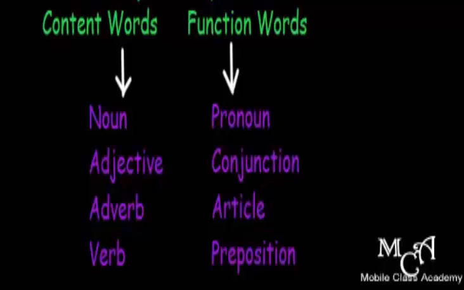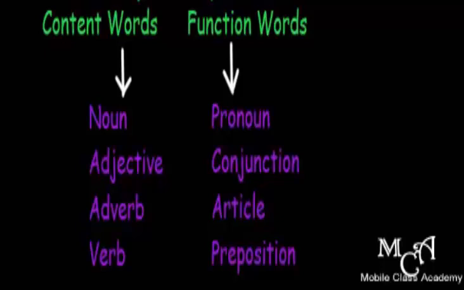And of course, I explained to you that they are called content words, or lexical morphemes, because they have meaning. While grammatical morphemes, that is the function words, are free morphemes which have little or no meaning on their own, but show grammatical relationship.